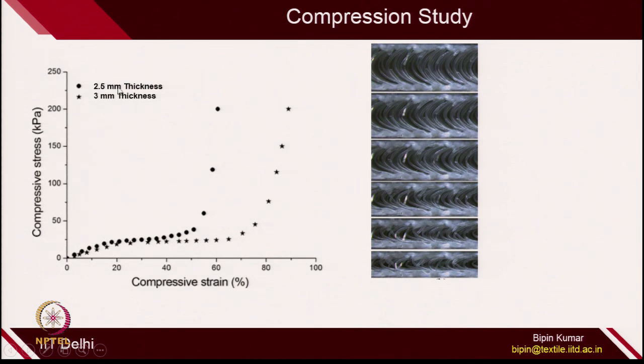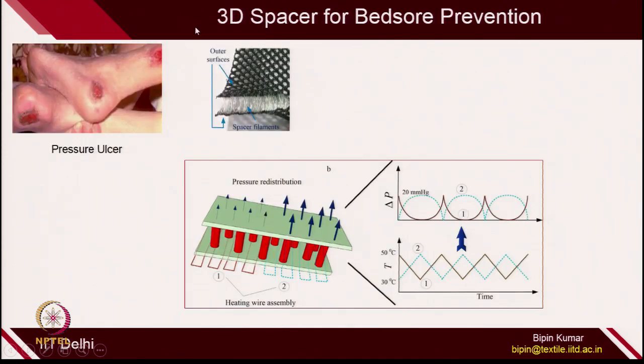From an engineering point of view, you can play with different thicknesses of the spacer fabrics, or with different materials for the spacer filament. You can go for multifilament or monofilaments, and for different materials like polyester, nylon or PP, and you can check the compression performance.